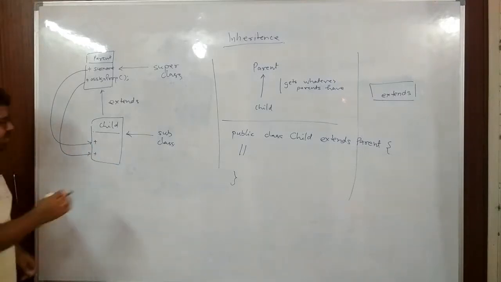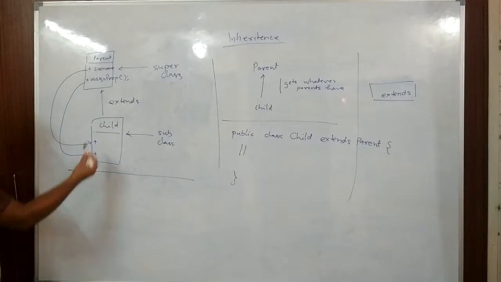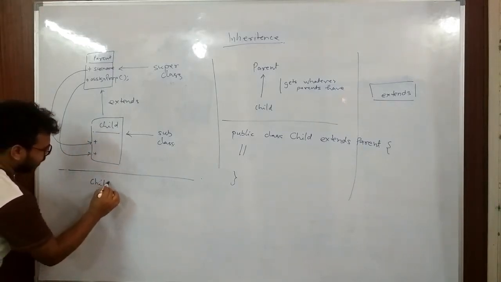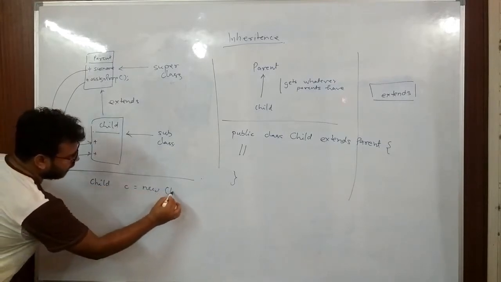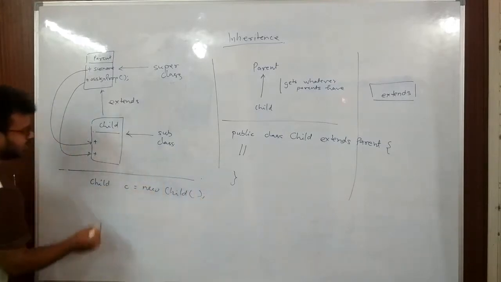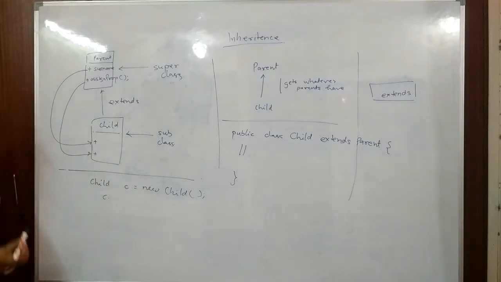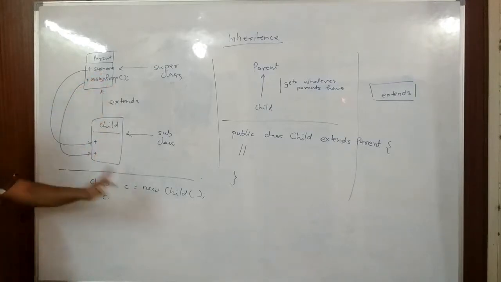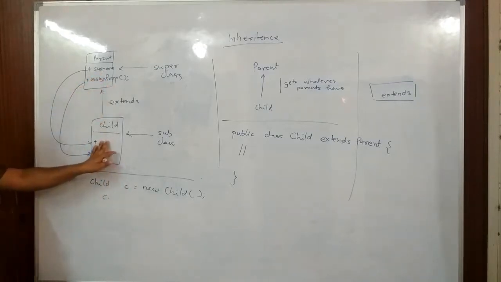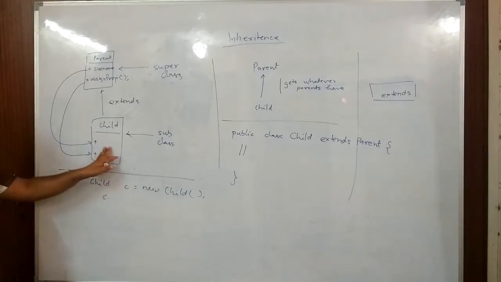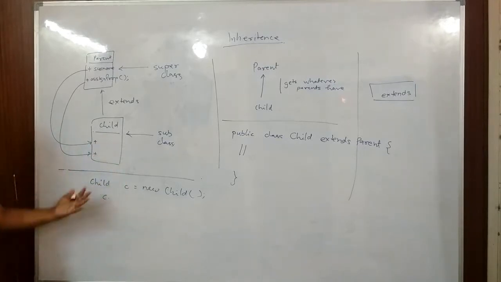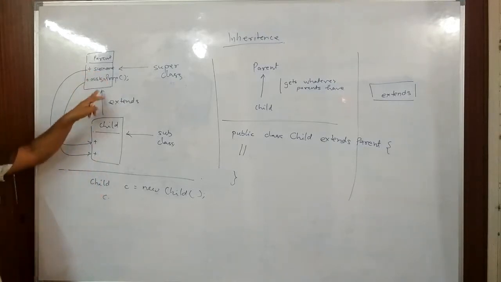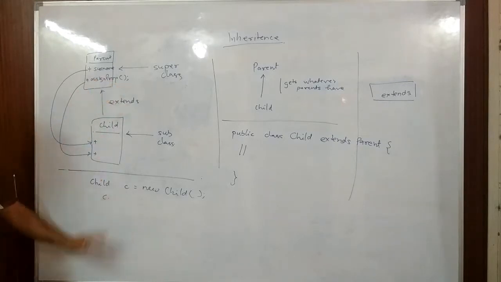So when we create a new object for the child class, that is, when we write Child c = new Child(), and then we write c dot, then though surname and assignProperty are not declared in the child class, these properties, that is the surname and the assignProperty method, will be available to the child class.